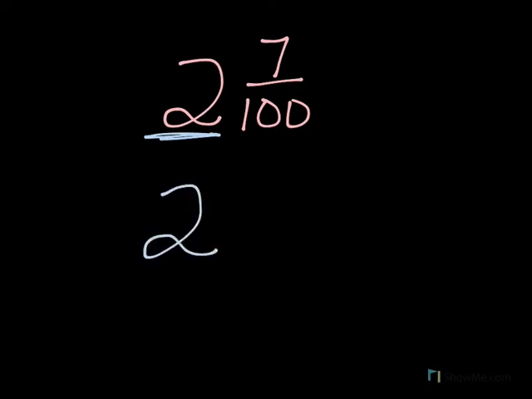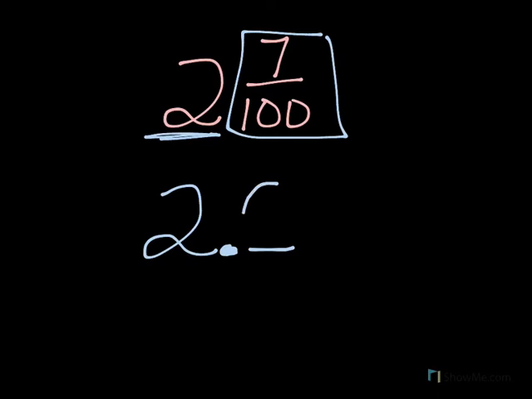I'm going to put a decimal point to separate my whole number from the fraction. Now this fraction has 7/100. That means there are no tenths. So to show that, I'm going to put a 0. Now for my hundredths place, I just write the 7.